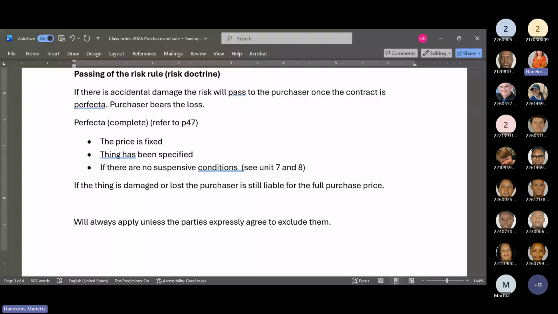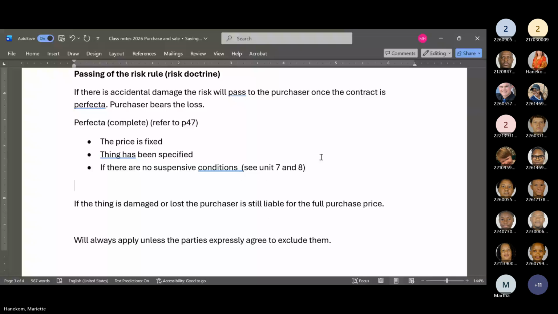Oh, this is what I wanted to say. These requirements, please note, the price must be fixed. You must have agreed on the price. This is a general mistake.